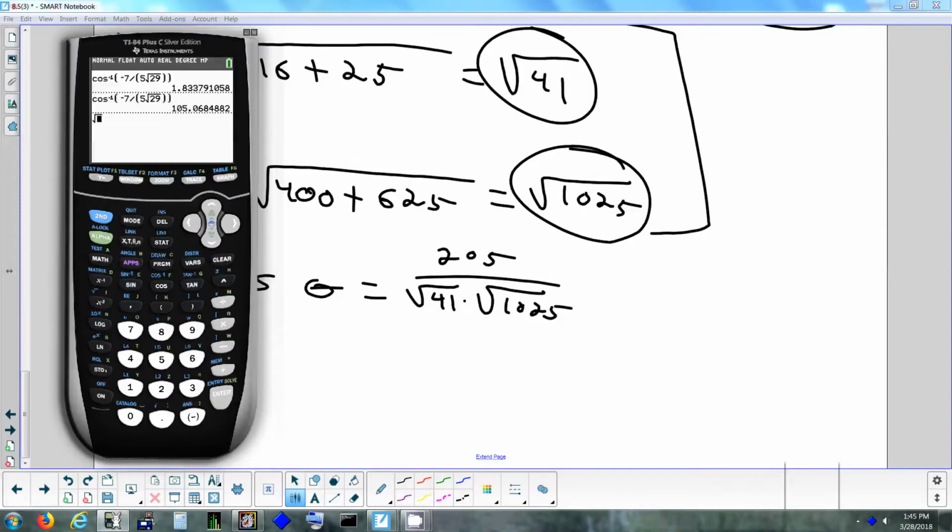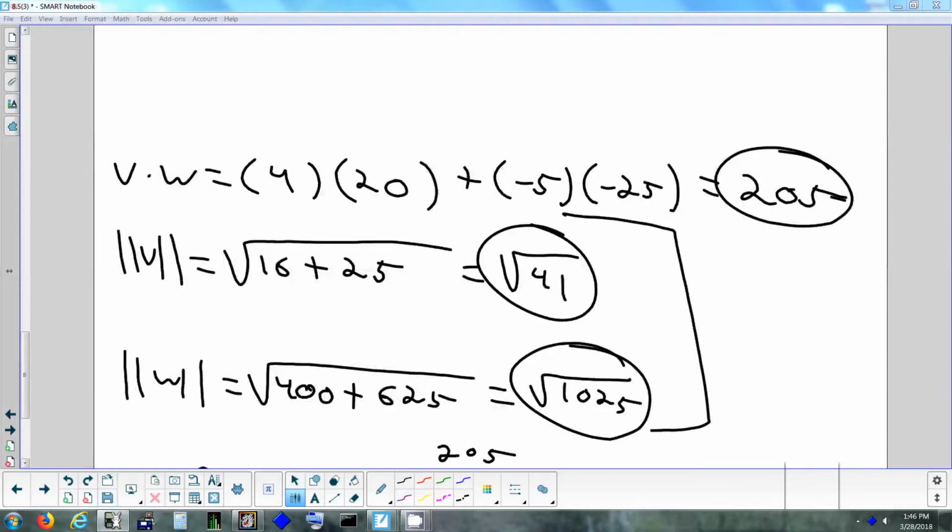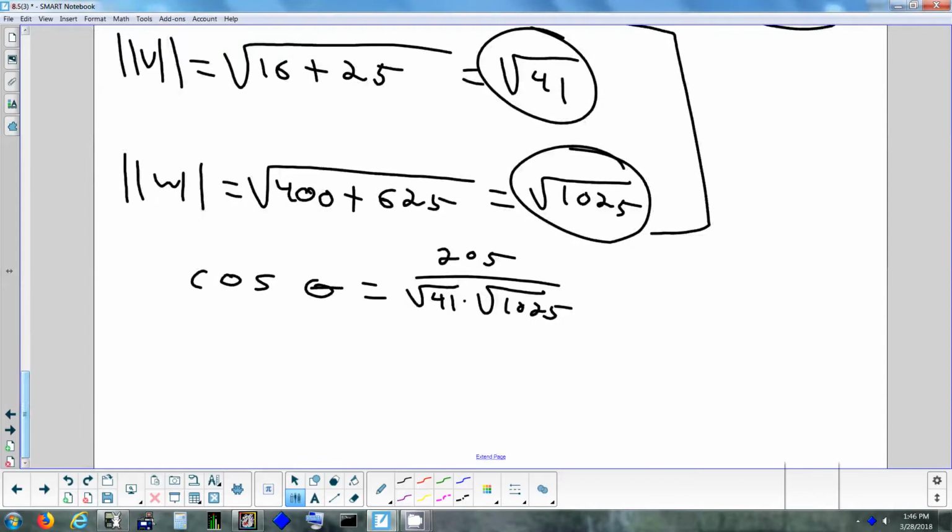All right, so the square root of 41 times square root 1025. And it comes out to 205. Okay, if you got that and you still didn't remember the trick about them coming out the same, you would now have the cosine of theta equals 1.